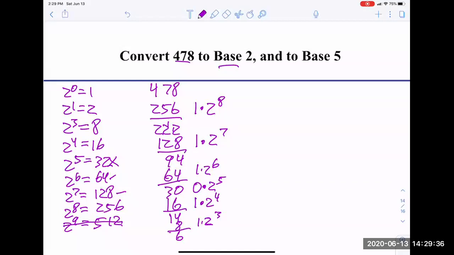I need a little more over here because I have a 6. And wow, I hope you saw this before I did. I kind of need 2 to the 2nd equals 4 in there. I was on autopilot.